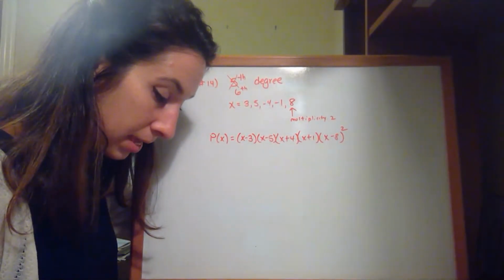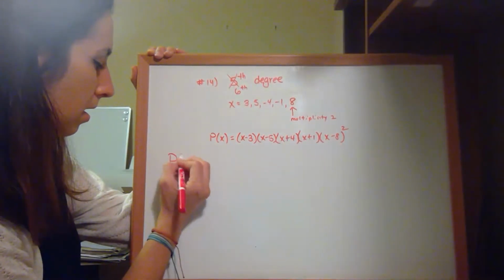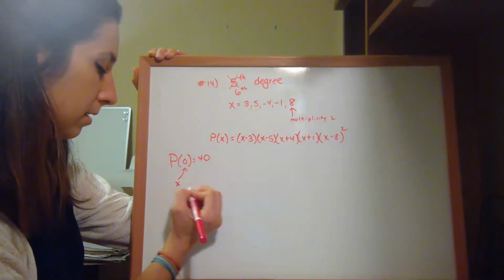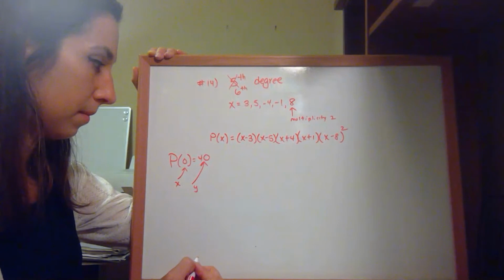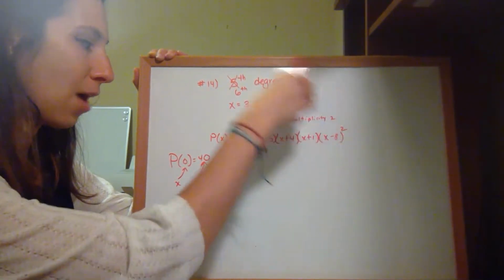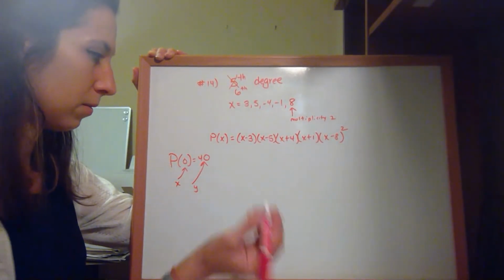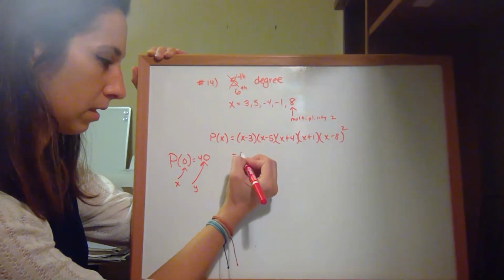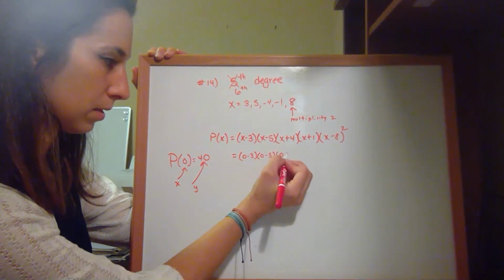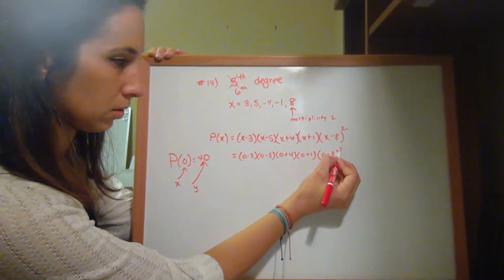Now, the only other thing here is that P of 0 is 40. This is your x. This is your y. That means when I plug 0 into this function, the output is 40. Now, I don't know if that's going to happen if I plug 0 in. Let's check. So 0 minus 3, 0 minus 5, 0 plus 4, 0 plus 1, 0 minus 8 squared.